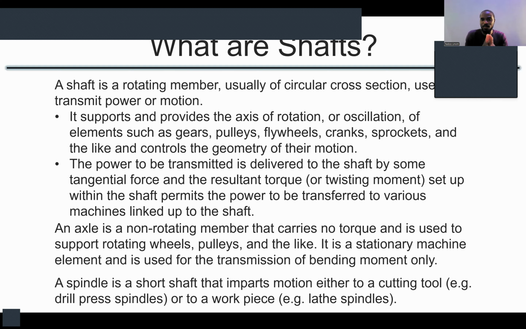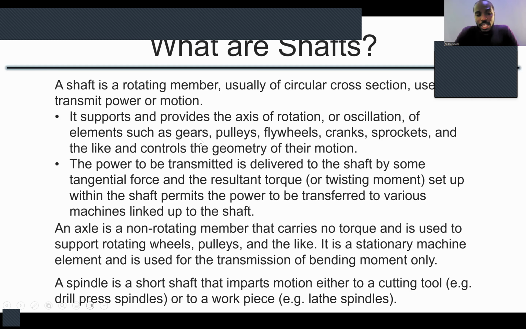So when you have gears, pulleys, flywheels, cranks, all of those things that rotate, for them to rotate it means that they have an axis about which they are rotating, right? And our shaft provides that axis. So one, it provides support for those elements, gears, pulleys, flywheels, cranks, and the rest, and it provides the axis for rotation.